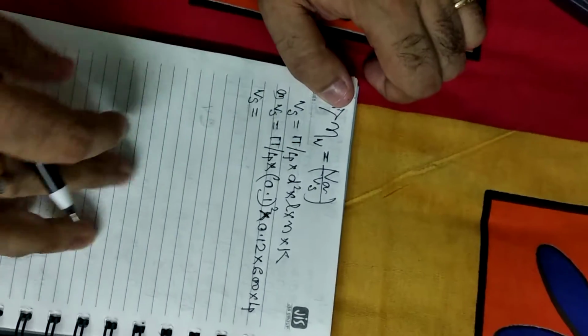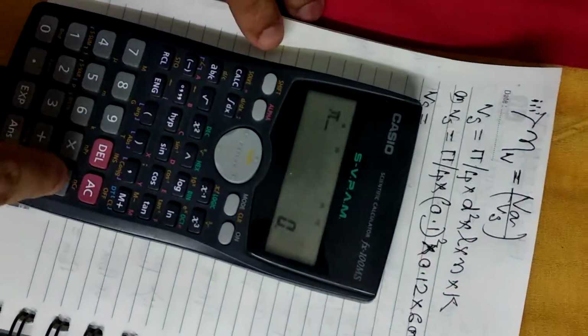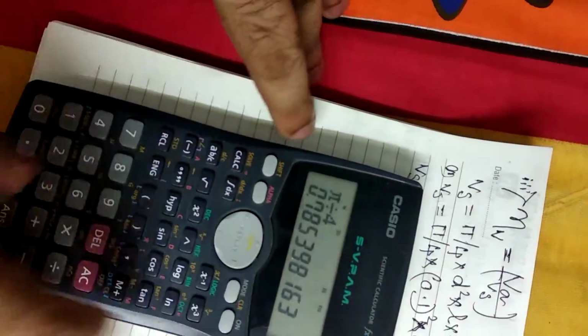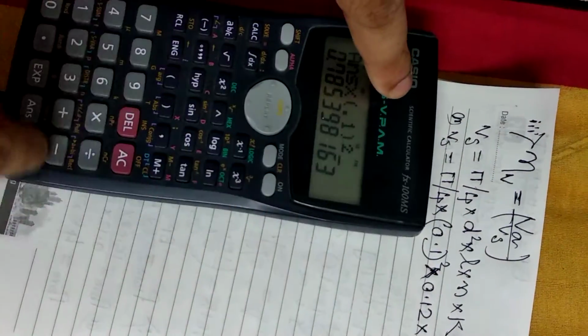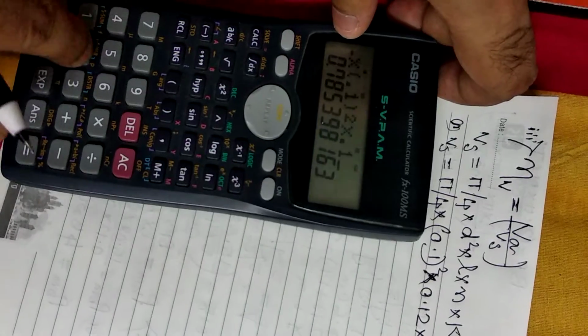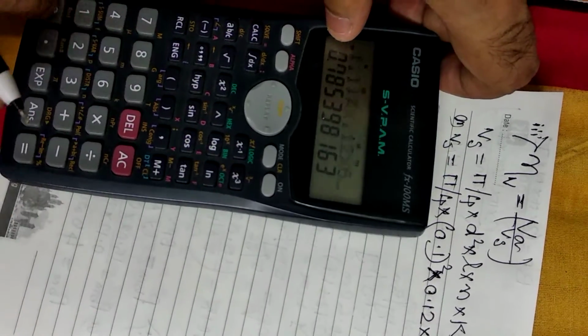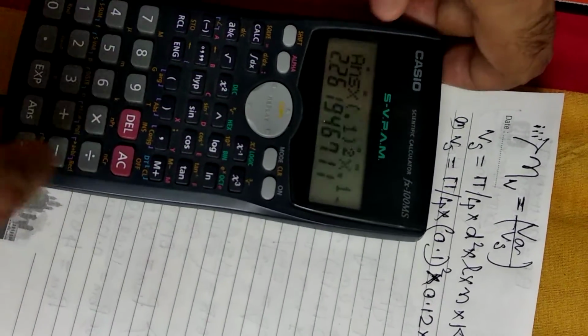So Vs equals to pi by 4 into 0.1 square into 0.12 into 600 into 4.